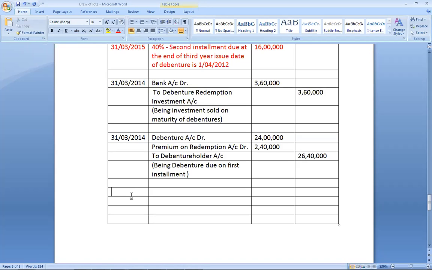Okay. Now we have to settle the first installment. We are paying the debenture holder. Somebody is receiving the money. Debit the receiver, the debenture holder.